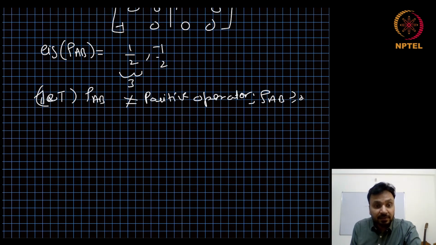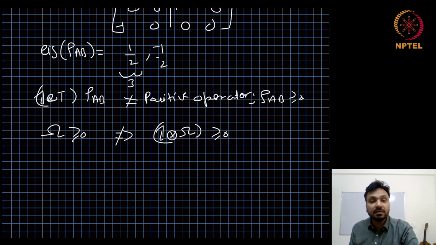So it means even if omega is positive, that does not imply that identity tensor omega is positive.